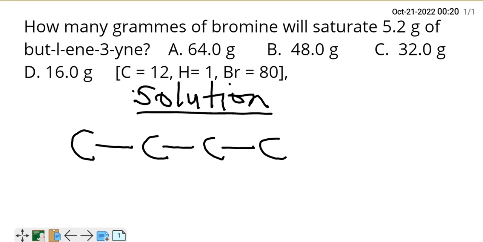And then from this 1 and 3-yne, that tells us that there is a double bond after carbon 1. In this case, you're moving from the left to the right. And then there's a triple bond after carbon 3.